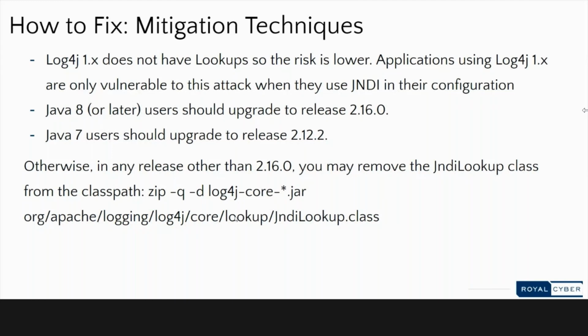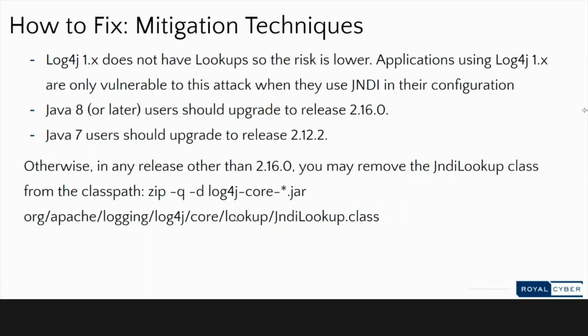But if your application is using log4j from version 2.10 all the way till 2.14, then that is vulnerable. So you have to upgrade to the latest release, which is 2.15, and now they've also released 2.16. So in 2.15, they were able to fix the JNDI lookup. They were able to close that down, and in 2.16 it's completely removed.